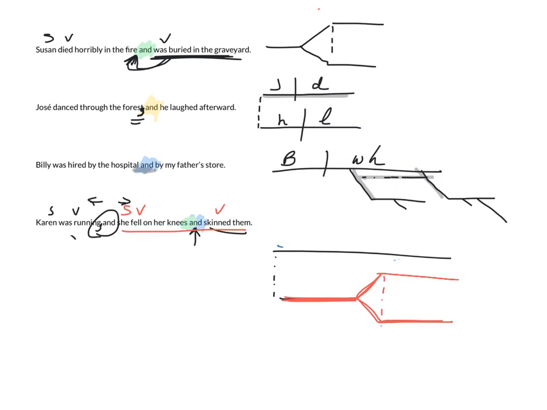And I can do that because these are two separate ideas. I have one main idea up here. Karen was running. I then have a main idea down on the bottom. She fell on her knees and skinned them. But these are two separate ideas. So this needs a comma. This does not. And that all comes down to, what does the diagram look like?